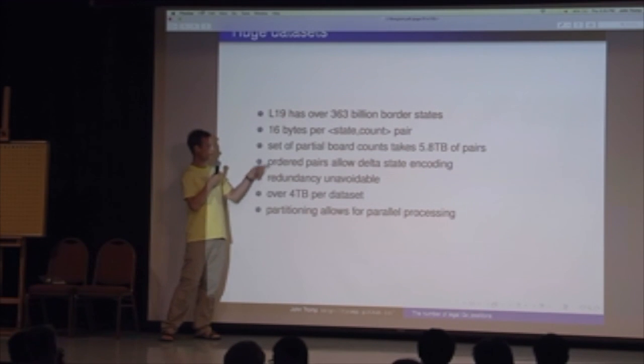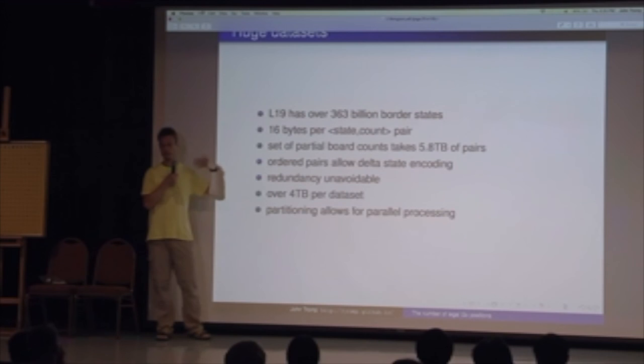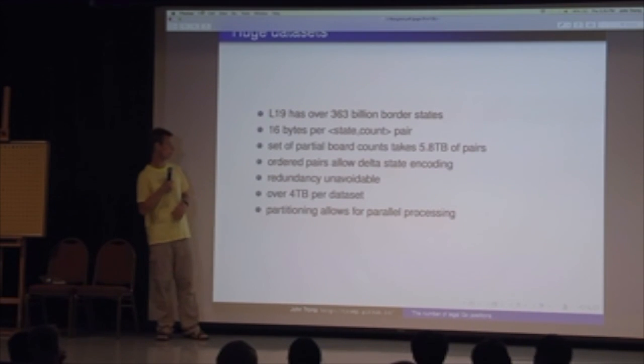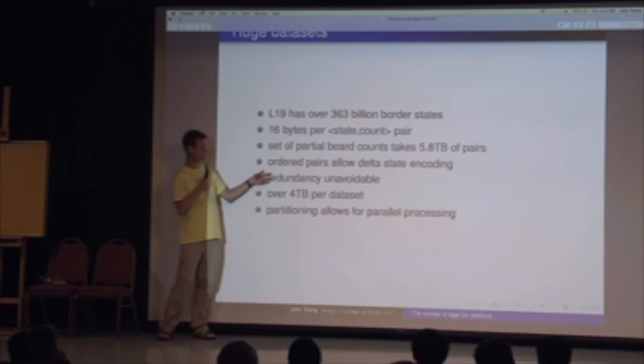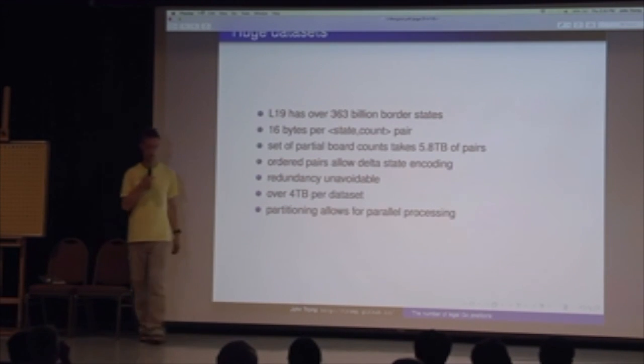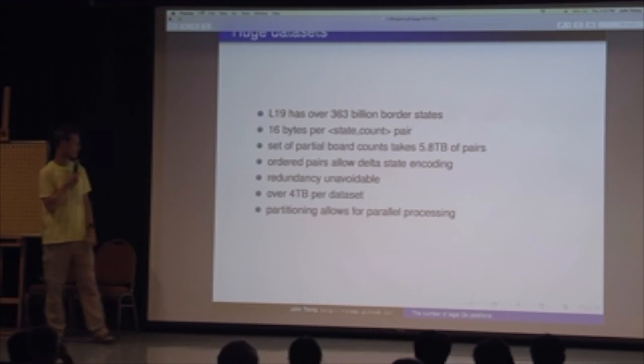But still, I'm going to be producing these border states at different points in the computation, and I will not always be able to recognize when I generate the same border state again. So sometimes I will generate the same thing multiple times, like between 1 and 3 times on average. So that is some redundancy. Still, on average, I will be using about 4 terabytes per data set.